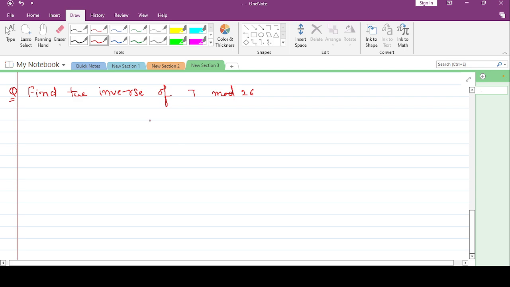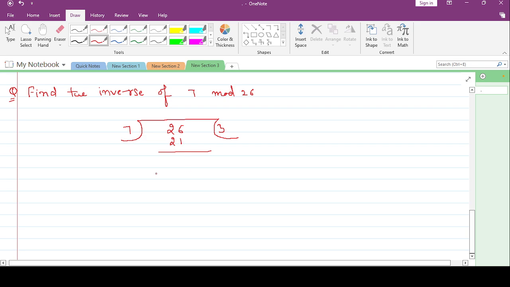So what you do, you check which number is bigger and which number is smaller. Clearly 7 is smaller than 26. So 7 times 3 is 21. Now 26 minus 21, what is it?